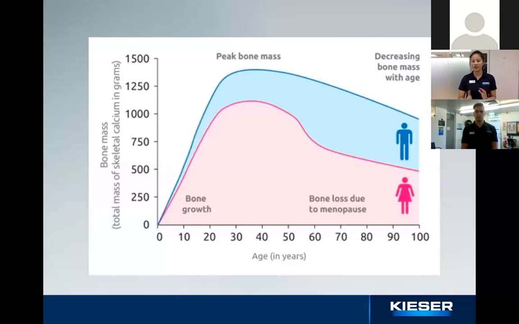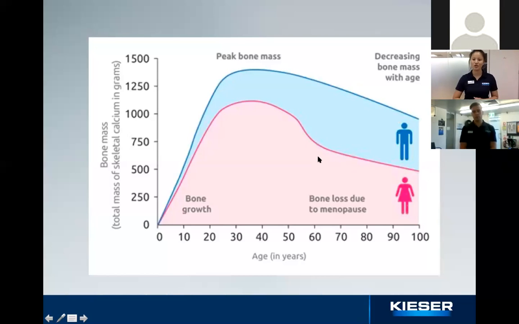Then from about 30 years old, we do see a gradual decline in that bone mineral density, much the same as your muscles. What we can see with the pink, the females, is a rapid decline when menopause occurs. So for those who may experience early menopause, you may find that your bone mineral density drops a lot steeper earlier in your life.